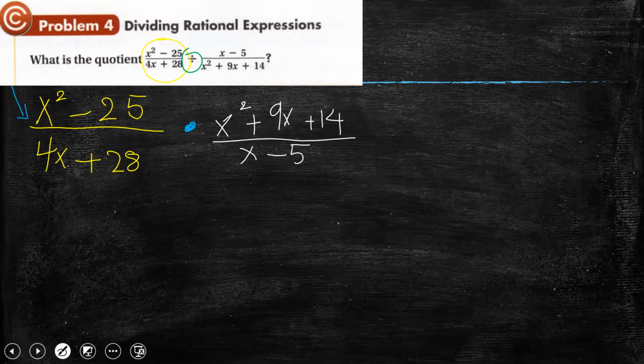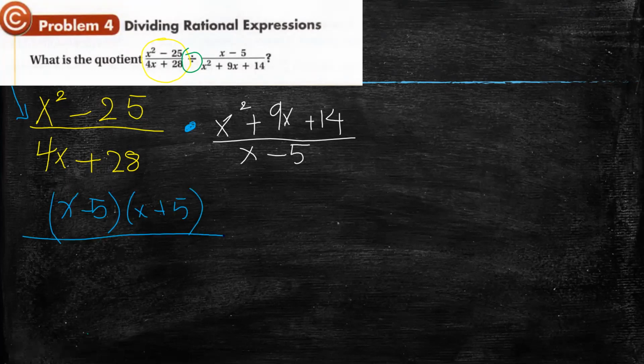When you multiply, the first step is to factorize x squared minus 25 as x minus 5 times x plus 5. Is it right? Yes, miss. Then 4x plus 28. How can we factorize it now? 4 times the bracket x plus 7.